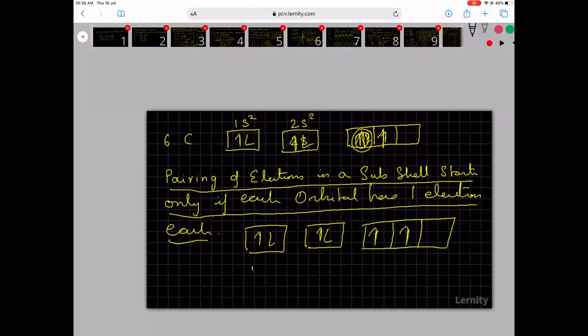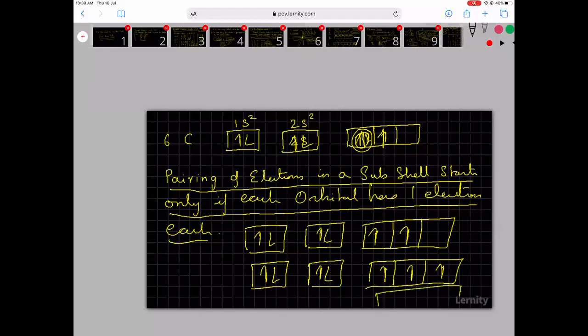Then nitrogen will be like this. Now each orbital has 1. So when you go to oxygen, now pairing will start. In the case of oxygen, it will become like this. Once pairing starts, both positive and negative spins will be there.